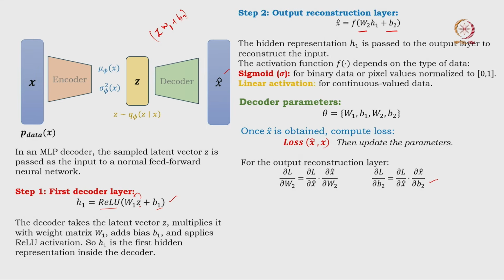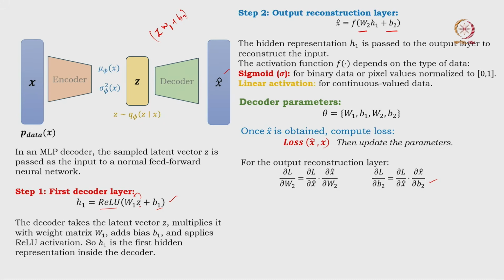Similarly for the bias term, derivative of loss with respect to B2 will be derivative of loss with respect to x hat and x hat with respect to B2. So this is with respect to the output layer.